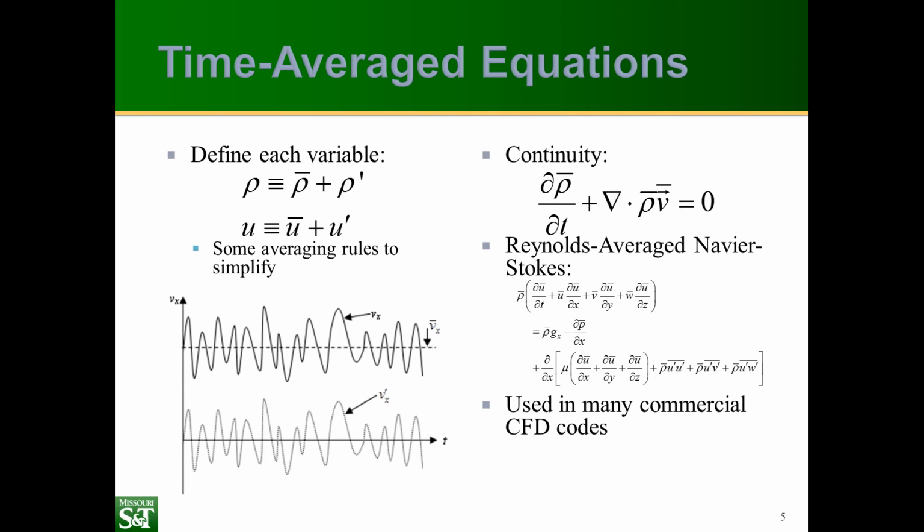This is used in many commercial CFD codes, and these new terms are called Reynolds stresses. They're not actual stresses, like shear stresses, but they behave like stresses. They're actually what we call additional momentum fluxes. They're additional terms for momentum into the control volume and momentum out of the control volume by flow due to turbulent mixing.